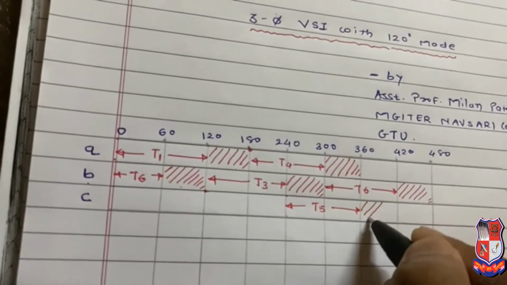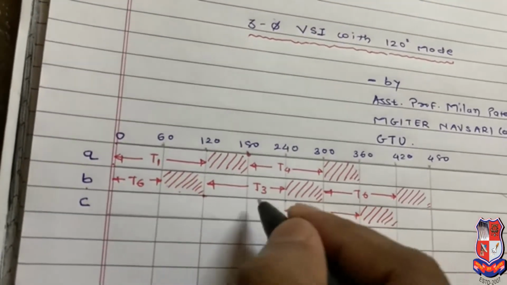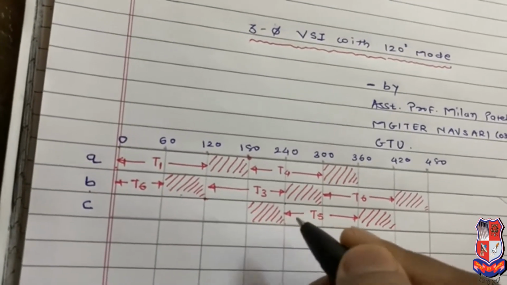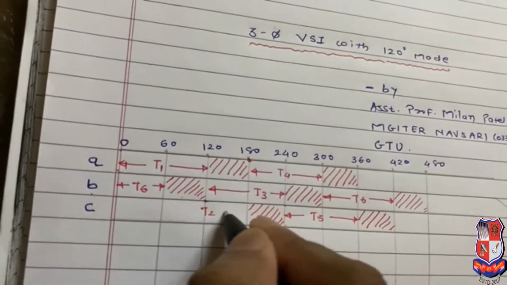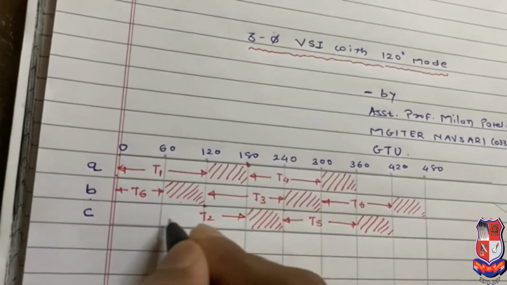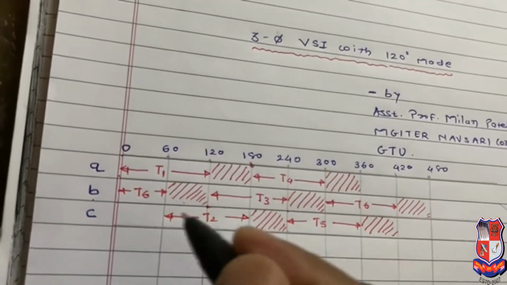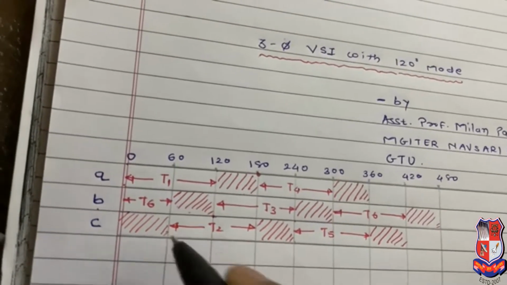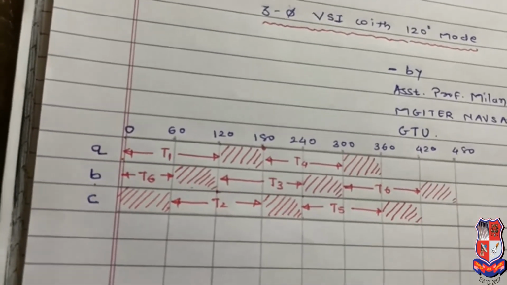This is dead time. Again before T5, again dead time for T2 is there, so this is T2. Again before T2, dead time for T5 is there.